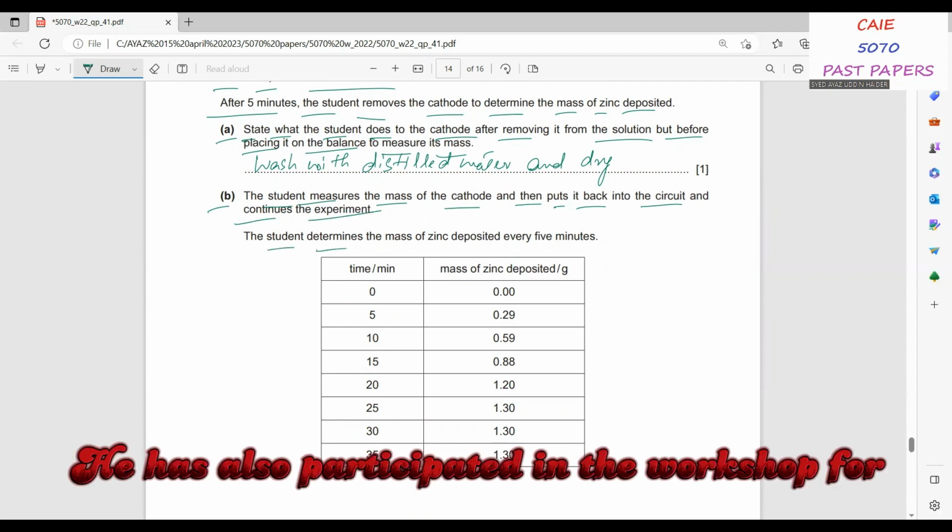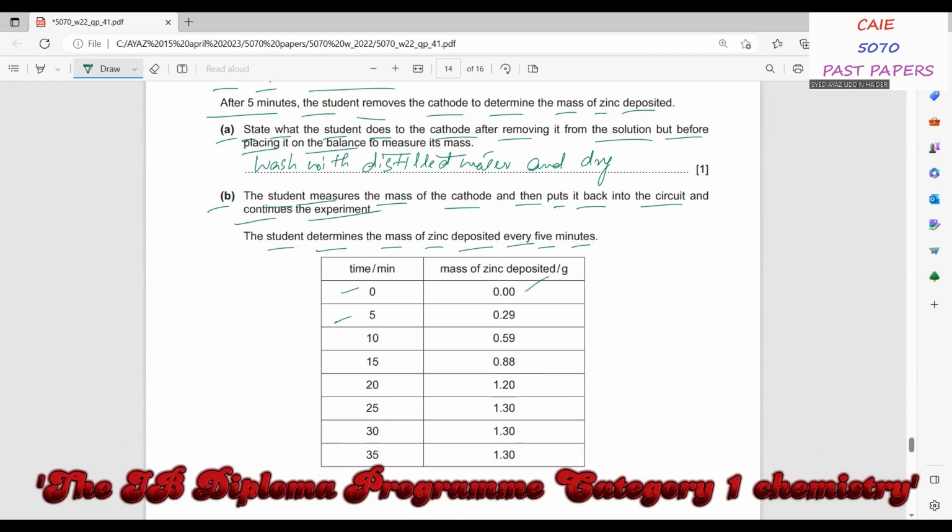The student determines the mass of zinc deposited every 5 minutes. So this is the table shown. At 0, you have 0 mass, 5 minutes, 0.29, 10, 0.59, 15, 0.88, 20, 1.20. At 25, you get 1.30. And the mass of zinc deposited becomes constant after 25 minutes.